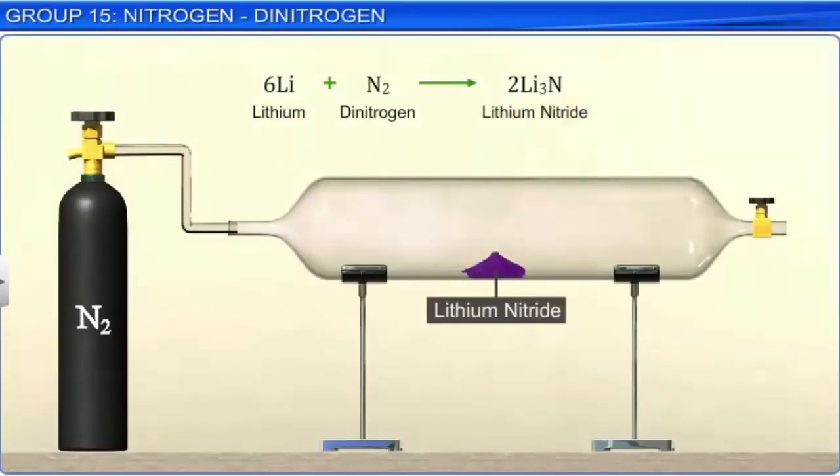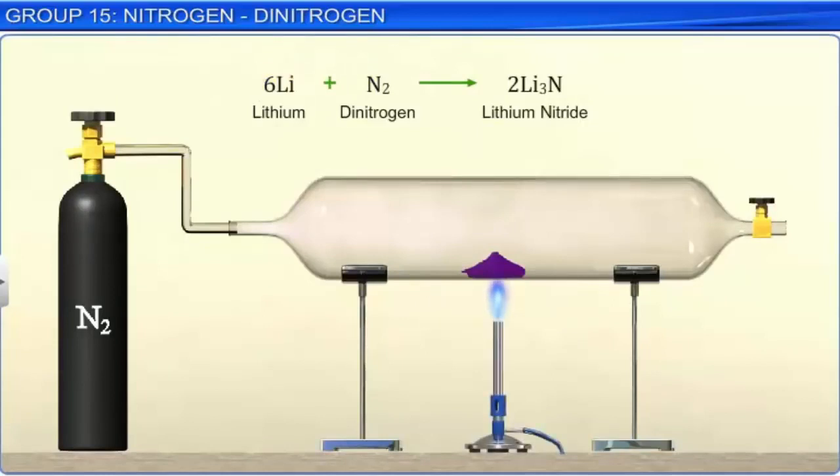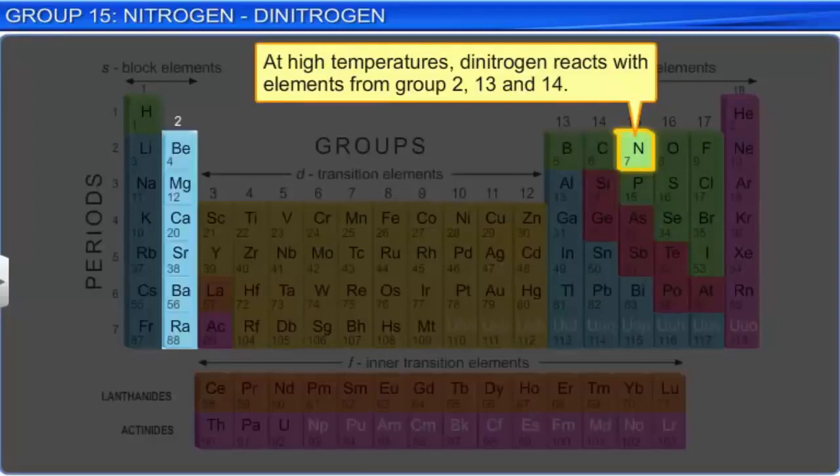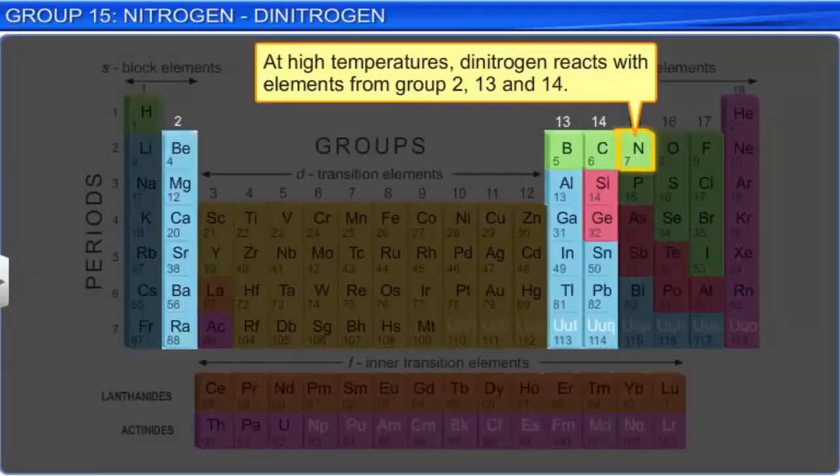The reactivity of dinitrogen with lithium at room temperature is attributed to the highly active lithium. However, the reactivity of dinitrogen increases at higher temperatures. At high temperatures, dinitrogen reacts with elements from group 2, 13 and 14.